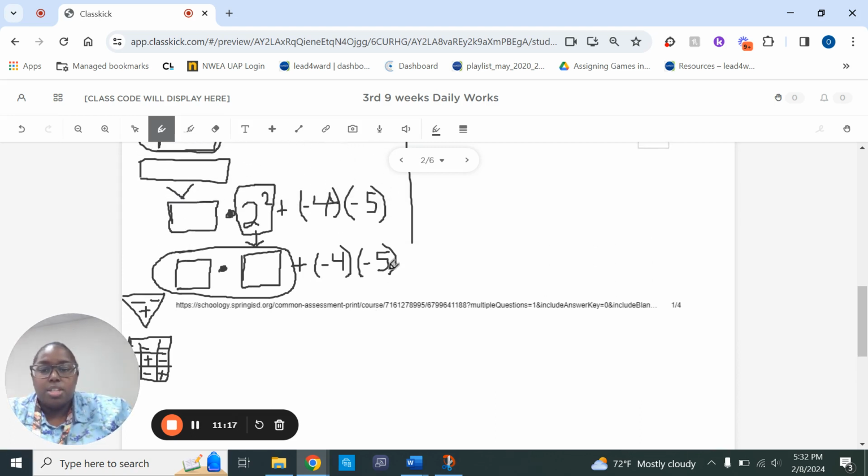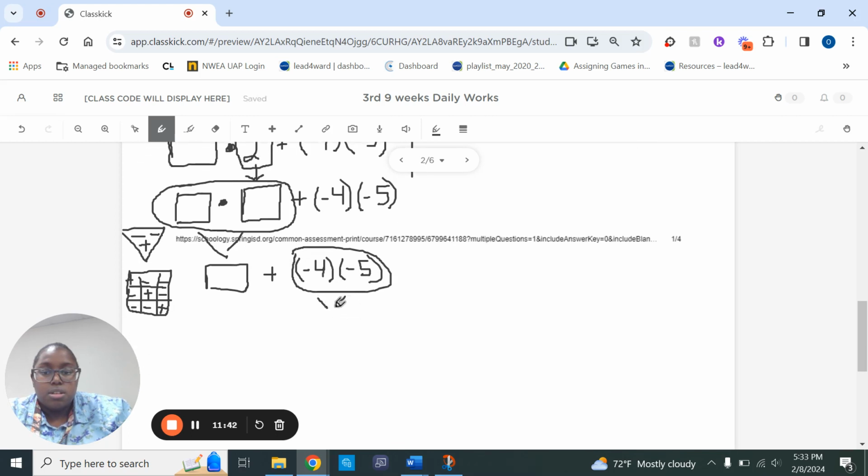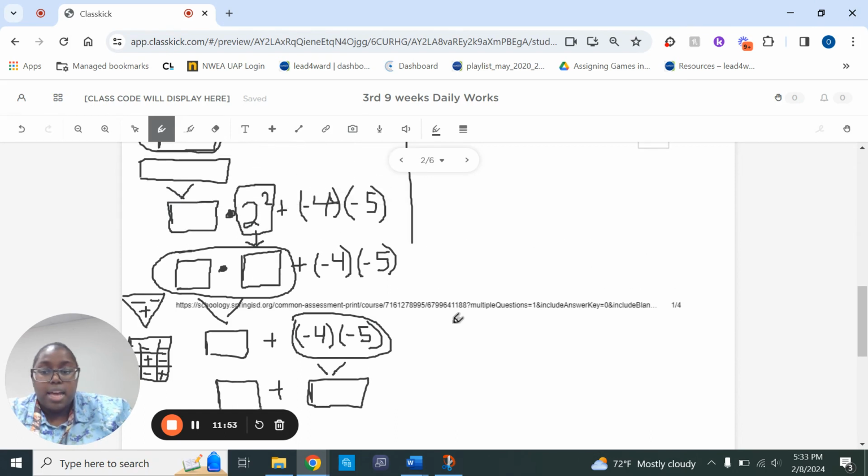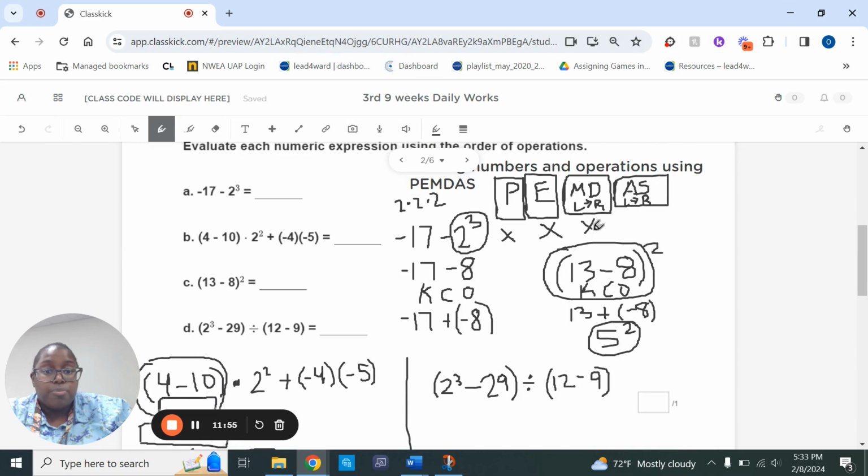Now, even though this is multiplication, we have to go from left to right. So we're going to be solving this one first. Plus this. Then we're going to multiply this one next. And we have no more multiplication. So we're done with that one.